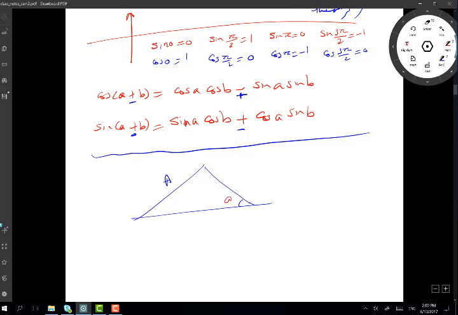So if I have my angles here and my sides like that, don't forget that a squared is equal to the other two sides squared minus 2 times the product of those sides times the cosine of the subtended angle. So here I have b squared plus c squared minus 2bc cosine of the angle A, okay?